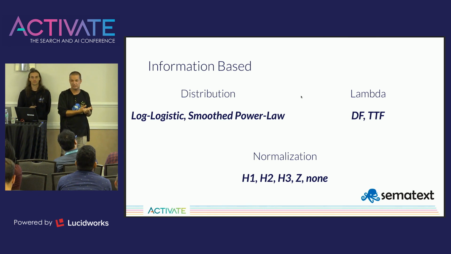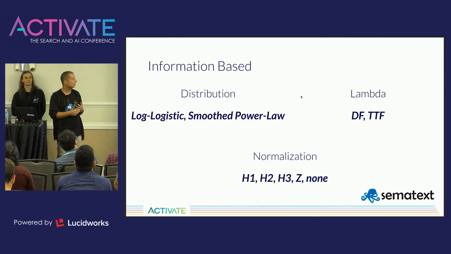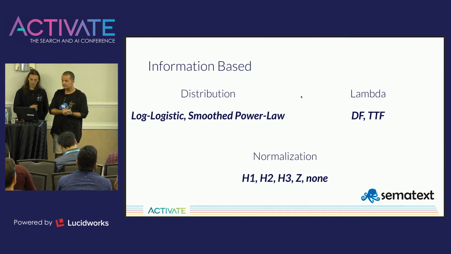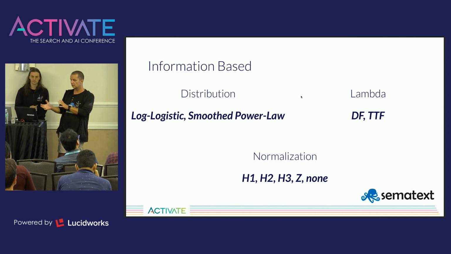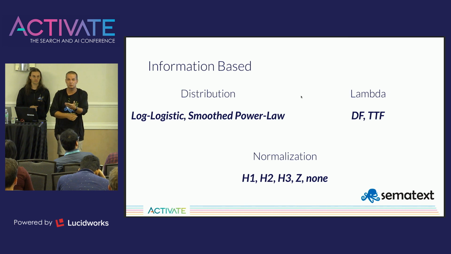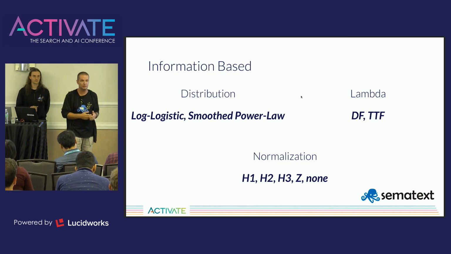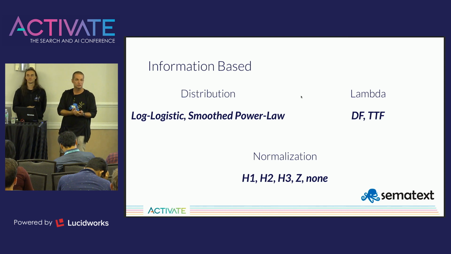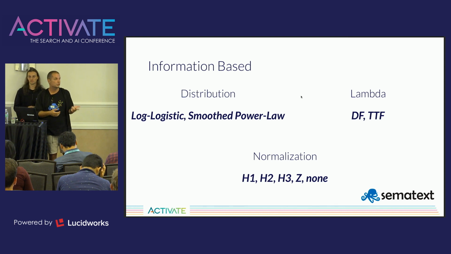We have log logistics and smoothed power law. The smoothed power law will be slightly less steep when it comes to score calculation because it uses a logarithmic function. Then we have a lambda, or as we call it, retrieval function that controls how the distribution works. And we said that we'll get back to those normalizations, and we are actually back because information-based similarity uses the same normalization as DFR, so H1, H2, H3, Z, and none.